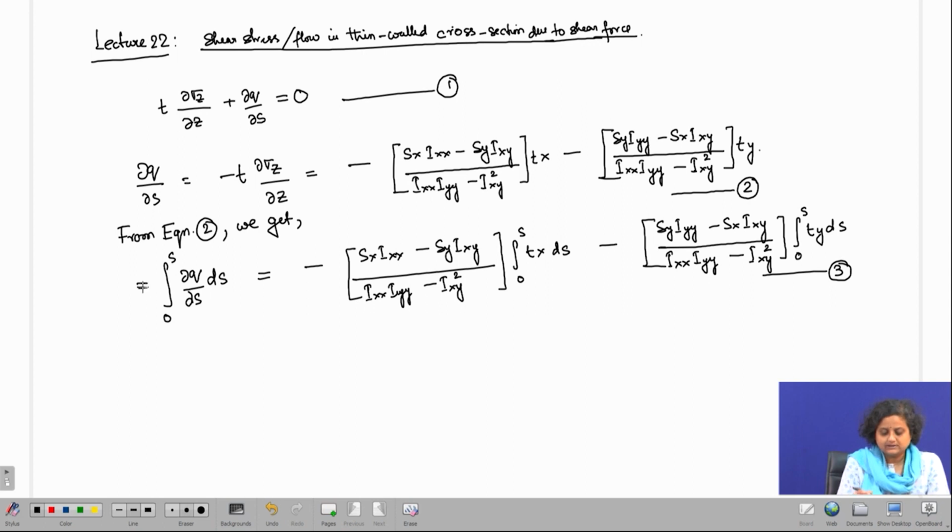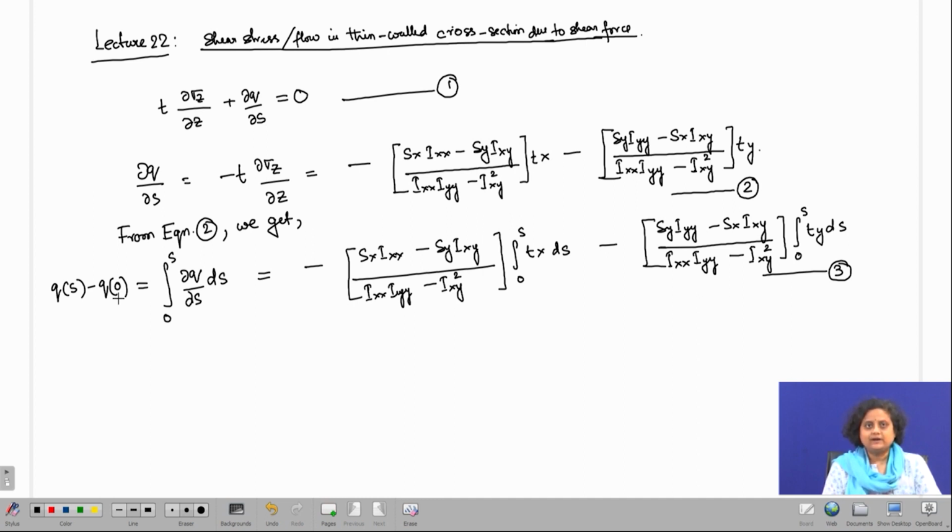Now, this can be written as Qs minus Q0. The integral on the left hand side can be written as the shear flow at any arbitrary coordinate s minus the shear flow at the origin point, which is Q0.